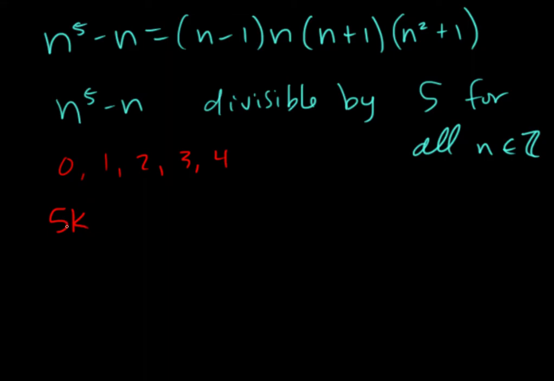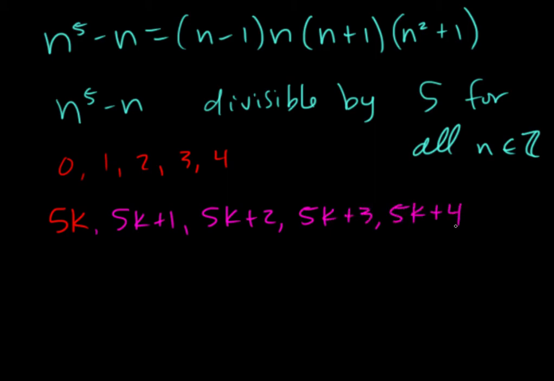We could write the number 10 as 5 times 2, and we know that 10 is divisible by 5. So we're going to have 5k. We're also going to think of 5k plus 1, 5k plus 2, 5k plus 3, and 5k plus 4. Those are all the possible things that we could have.